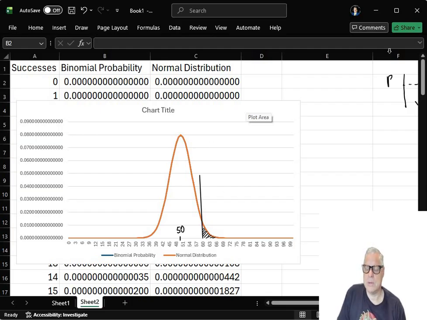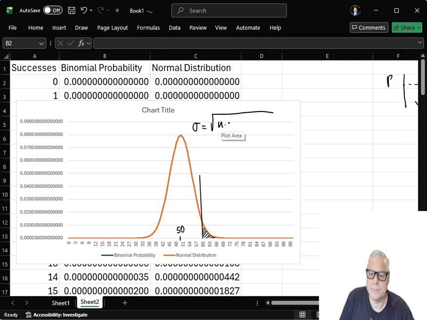Well, we know that the standard deviation of a binomial distribution, we said that was the square root of n times the success probability times the failure probability, and that we got 5. The mean, the expected value, is 50 heads.